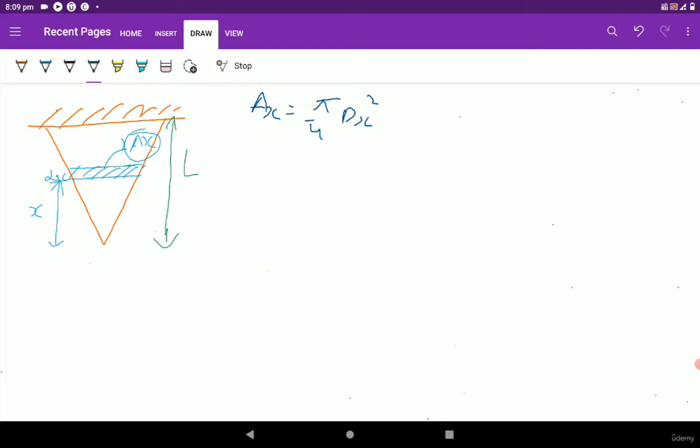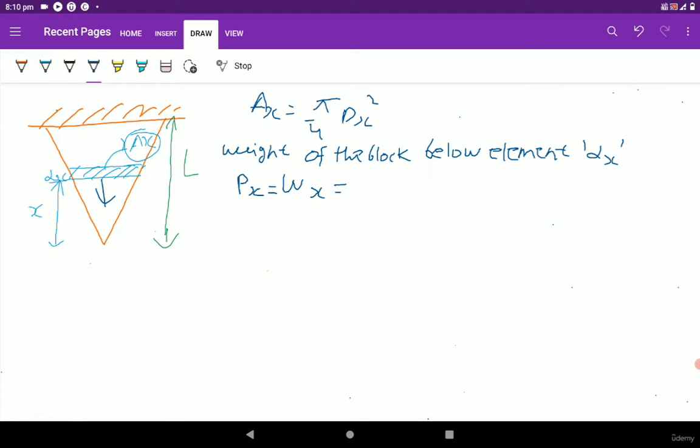Now let's find out the weight of the block below this element dx. Here the axial load is due to the self weight condition, that is Wx. So Wx is equal to mg, and m is equal to rho times volume.